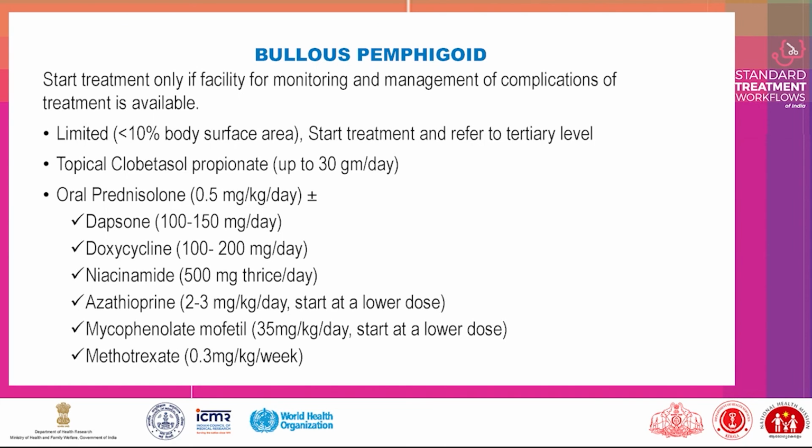niacinamide 500 thrice a day, azathioprine 2 to 3 mg per kg per day, start at a lower dose, mycophenolate mofetil 35 mg per kg per day, start at a lower dose, methotrexate 0.3 mg per kg per week.